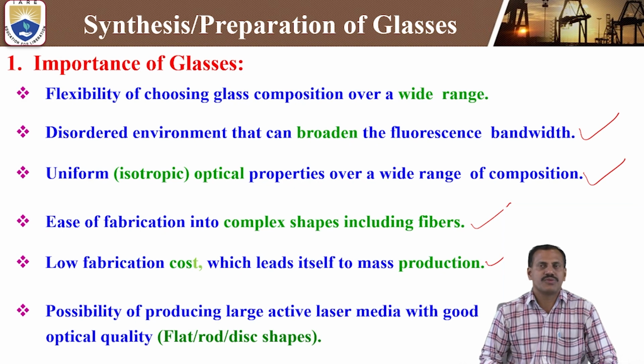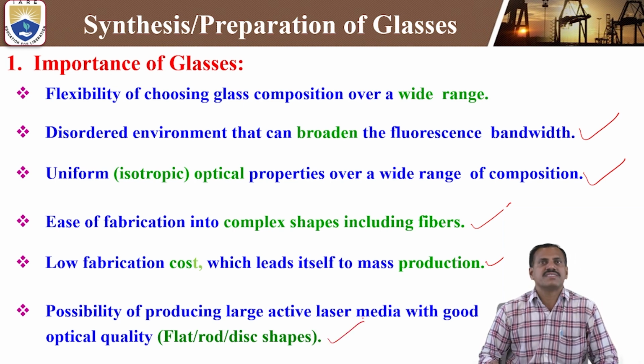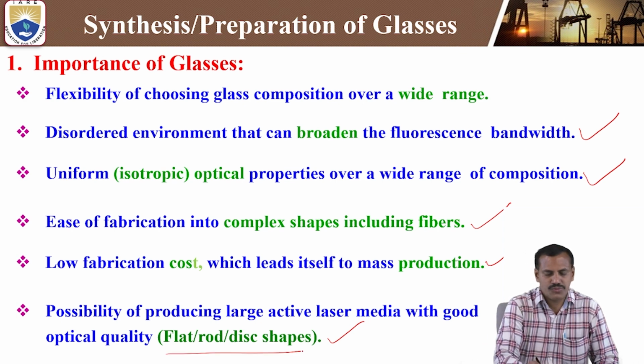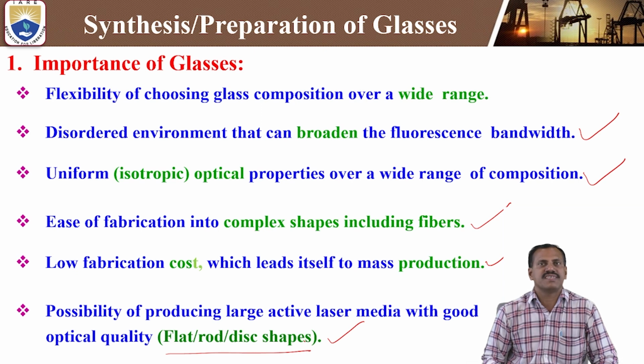We can prepare 2 kg, 3 kg, 5 kg, or 10 kg of rare earth doped glass materials. The last is the possibility of producing large active laser media with good optical quality, in flat, rod, disc, and other shapes. These are the important properties of glasses.